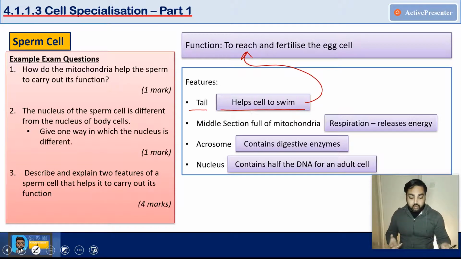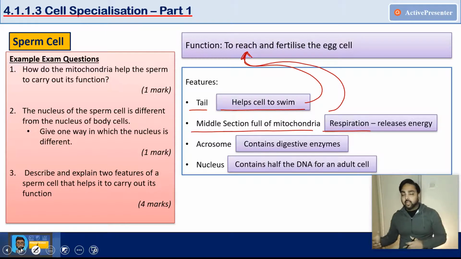And I could talk about the middle section full of mitochondria, which carries out respiration, which again helps it to reach the egg cell. Hopefully that makes sense. If it doesn't, stick it in the comments or message on Instagram, and I'll try and clarify.